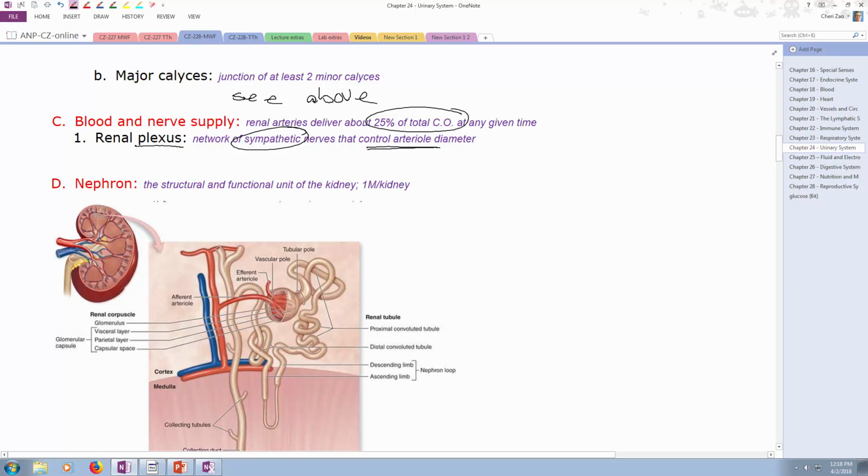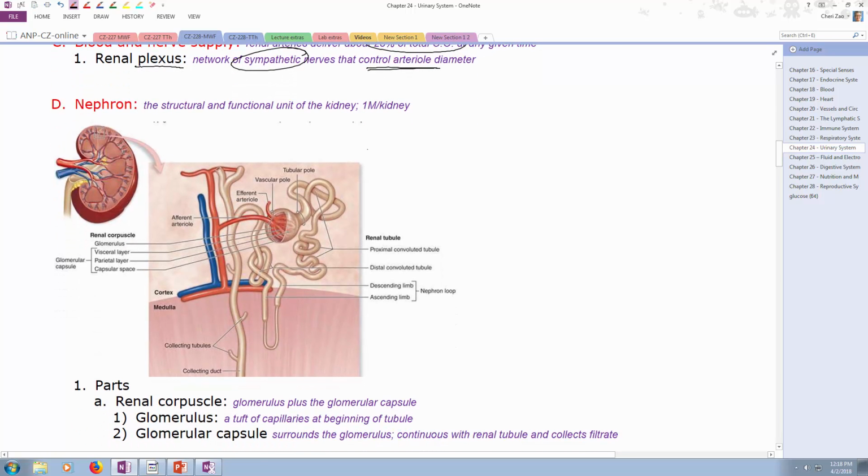And where you'll get your best control of flow through the kidney is when you control the arterial diameter. Remember, arterioles are right before capillary beds. If you squeeze them down, you'll get less blood flow through a capillary bed, which means that everything else backs up and you don't need as much blood flowing through the entire organ itself. So that's an important thing to realize. Arterial diameter is the area for best control of blood flow.